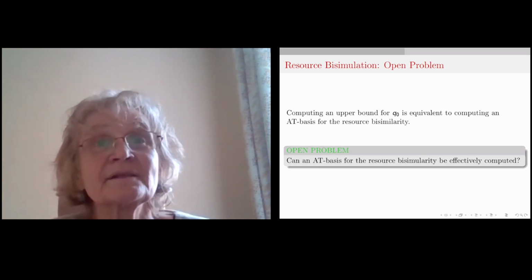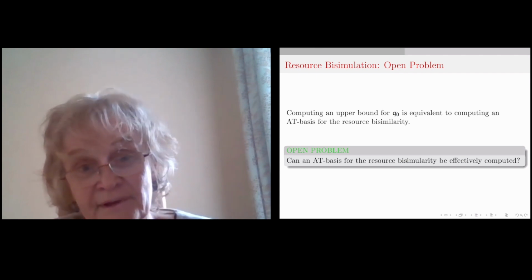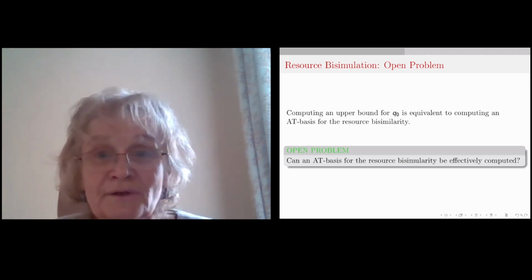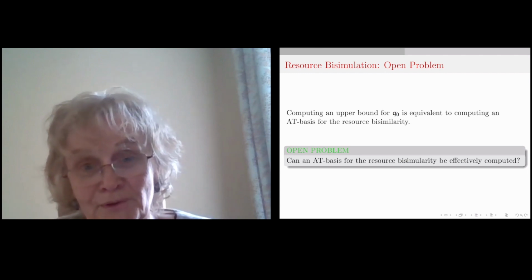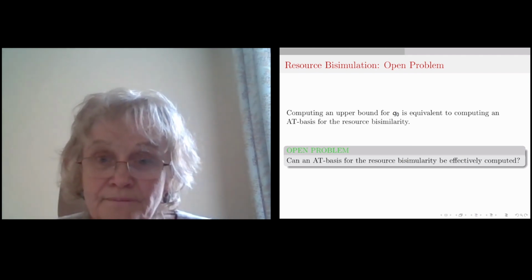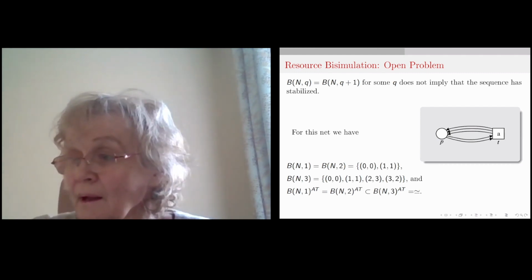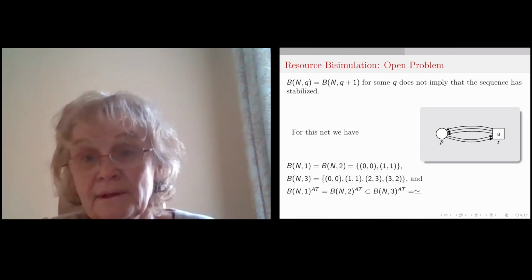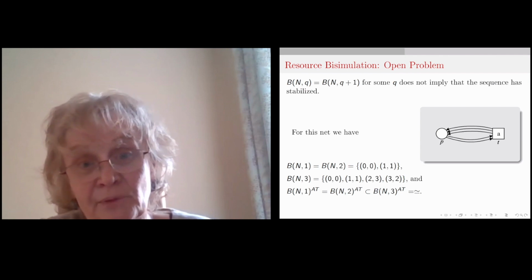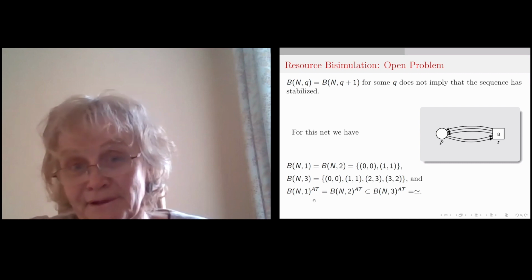So the case is that though the relation is decidable, and we know that there is a finite basis which represents this infinite relation, it is not known how to compute this basis, and even whether it is computable. This is an illustration showing that if we approximate, we can't say that when we come to some stabilization, that's it. It's not enough.